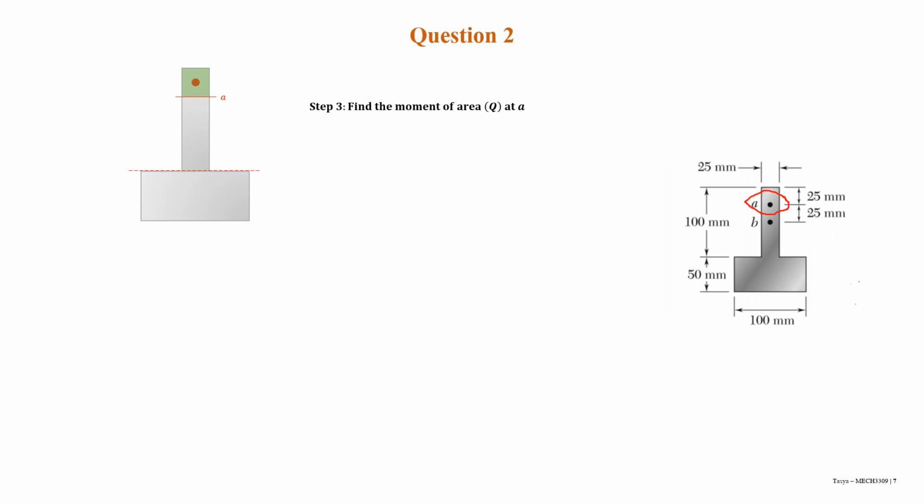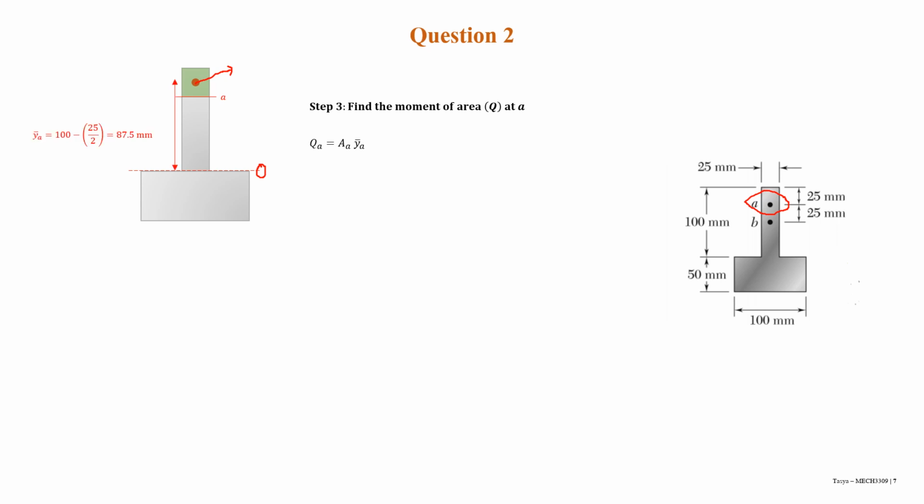So how we're going to find the moment of area at A, or QA, is by multiplying the area of A times the y of A. How we find the YA is by measuring the distance between the section centroid that we have found before, which is 50 millimeter from the bottom, this one, the section centroid or capital Y, to the center of the area A, which is this one.